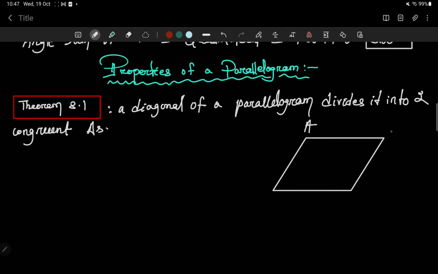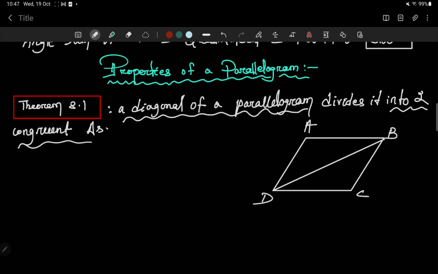This is a parallelogram ABCD. It is written a diagonal of a parallelogram, so let's make a diagonal, whatever is stated we will draw. The diagonal is DB. A diagonal of a parallelogram divides the whole parallelogram into two congruent triangles. That means you have to prove that triangle ABD is congruent to triangle BDC.